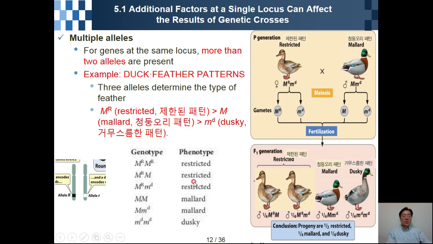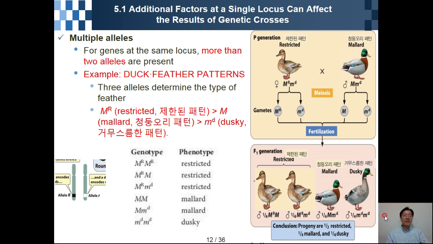In this case it is also restricted because large MR is dominant over large M, and also dominant over small md. How about large MM? This is the mallard, 청동오리 pattern, and large M, small md is also the 청동오리 pattern. How about small md? Small md is dusky, the 거무스름한 pattern will show like this.